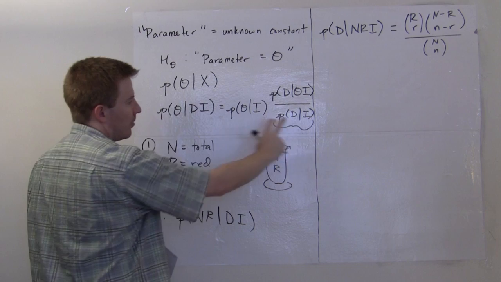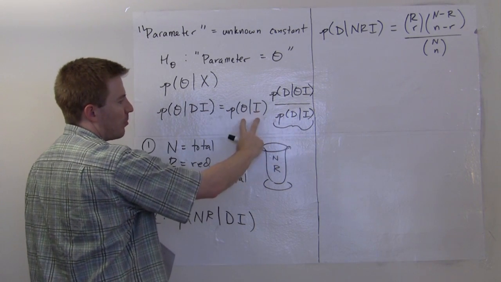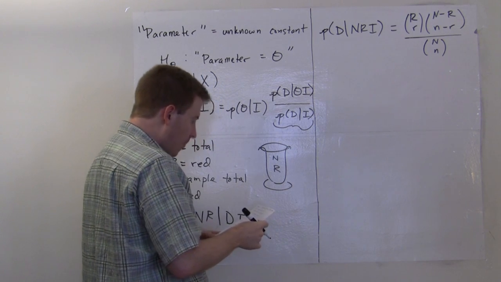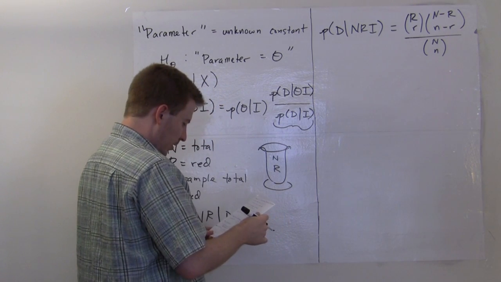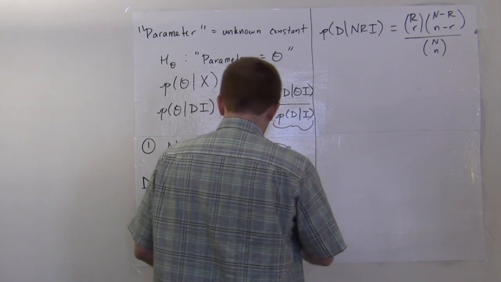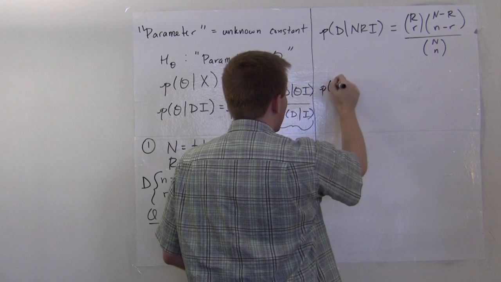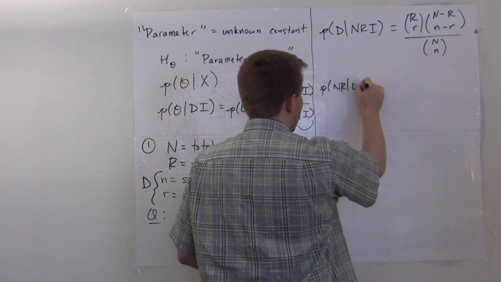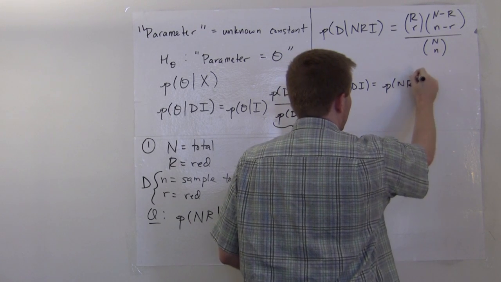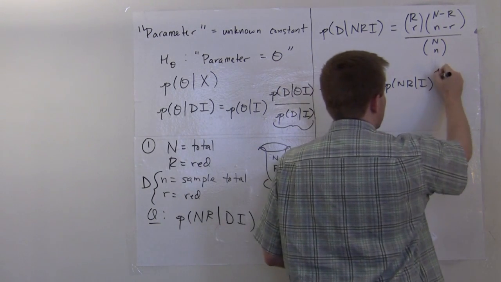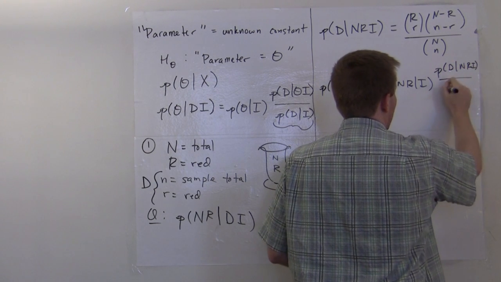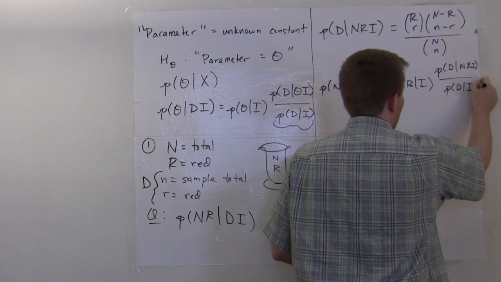So we have to think about these other two terms, which are the prior probability and the total probability. Let's write this out: P of n and r given the data is going to be the prior probability of n and r times this ratio, divided by the probability of the data.